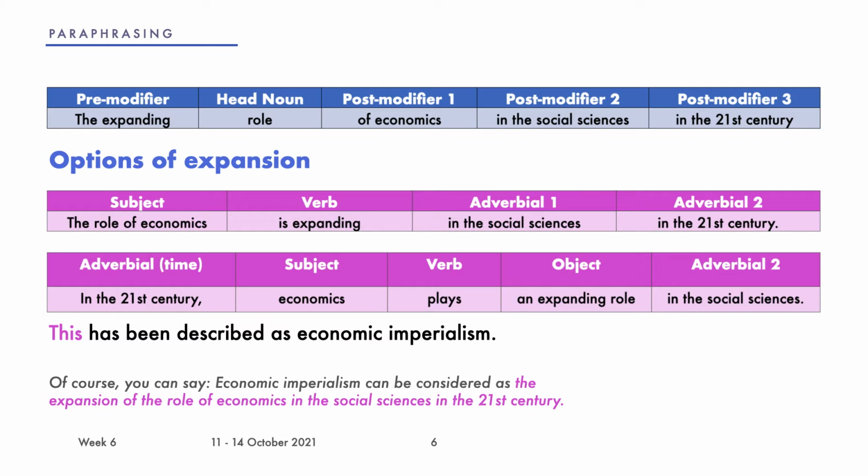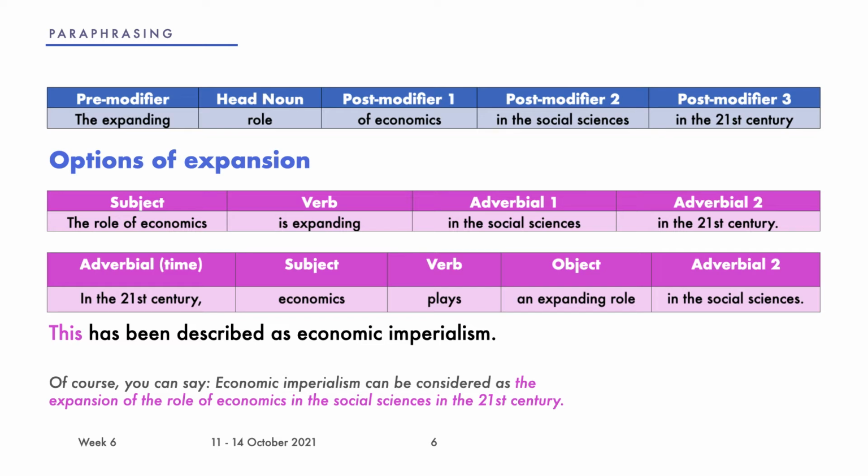And now we can consider the options of expanding the original noun phrase back into a full sentence so that you can break the original sentence down into two shorter sentences and help you with understanding the idea of the original sentence better.